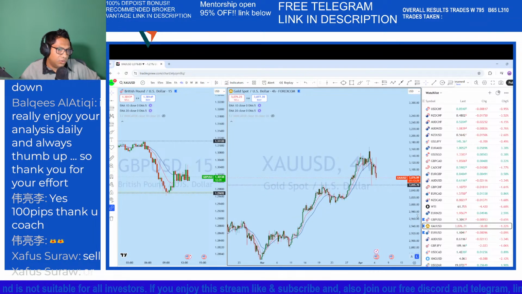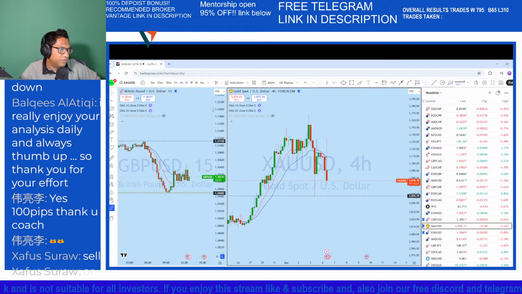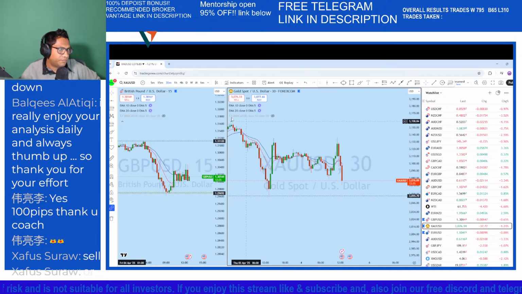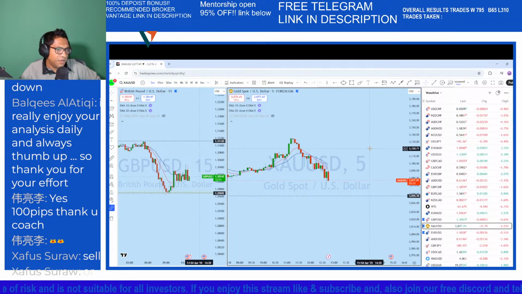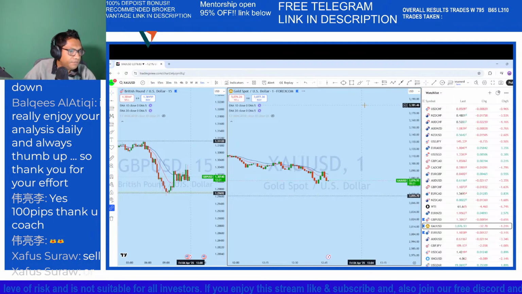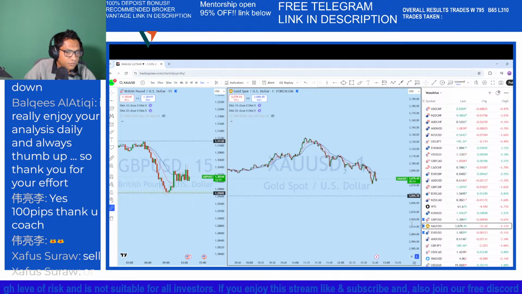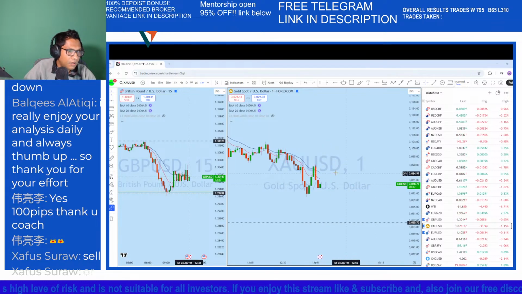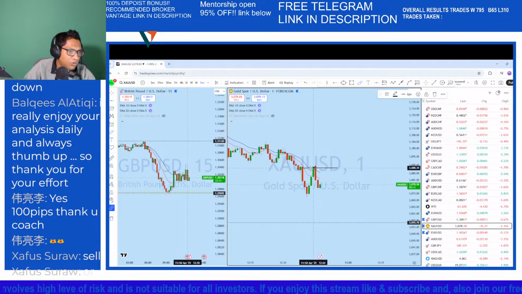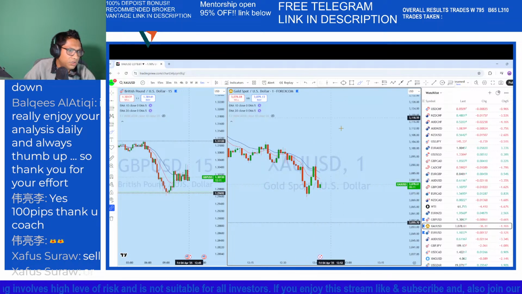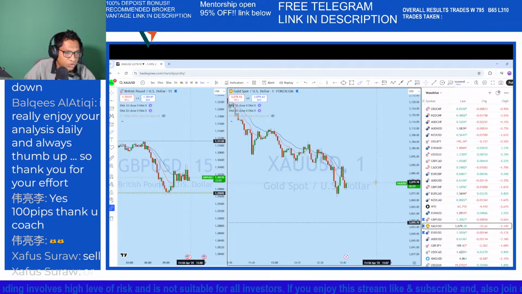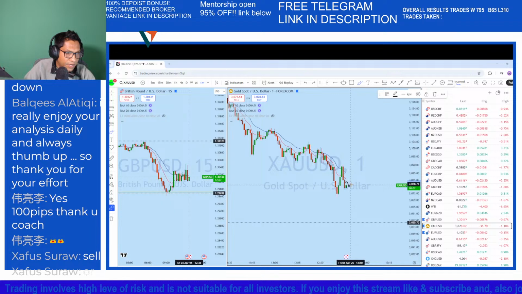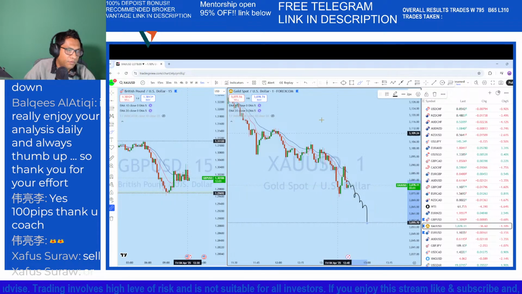And with that in mind, look at the 30 minutes, 5 minutes here, and the 1 minute. And with that move to the resistance here, liquidity gap, we could see XAUSD potentially come back here, trend to that support level.